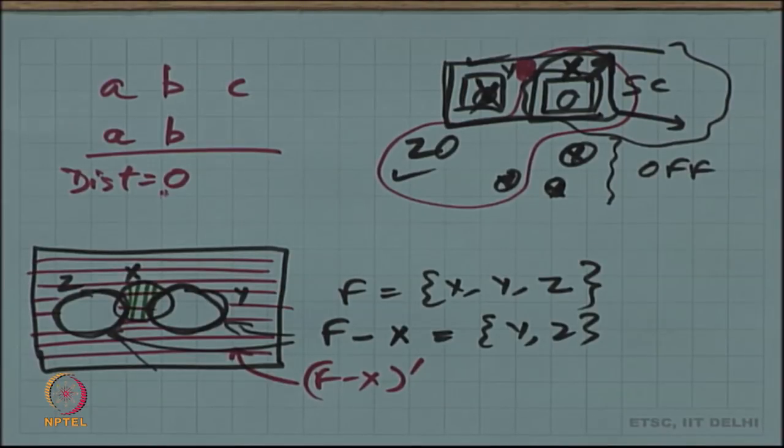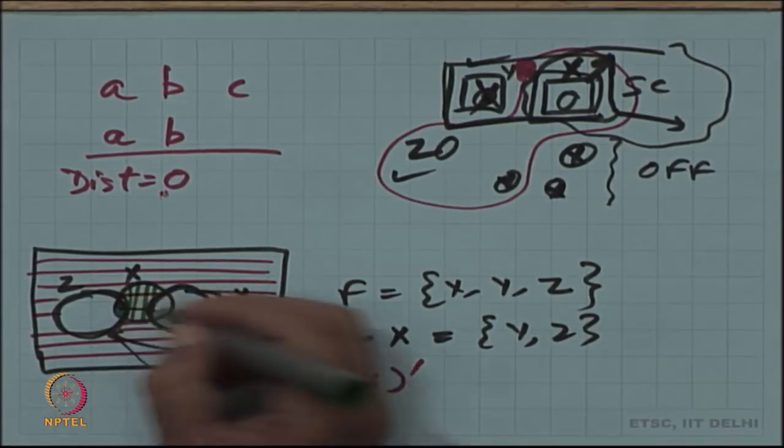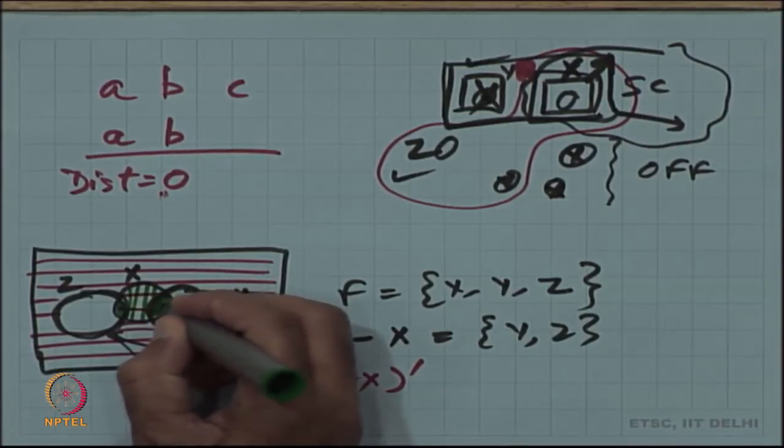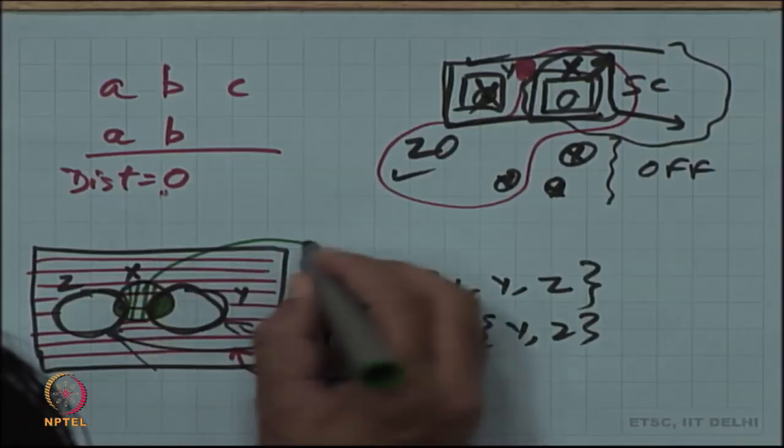I can't reduce it any further because then I would drop some things from the function, but these parts of x that are overlapping with y and z, I can afford to drop from my reduced cube because they are already included in y and z anyway. So, that is all that we are saying. X intersection f minus x prime is my reduced cube.